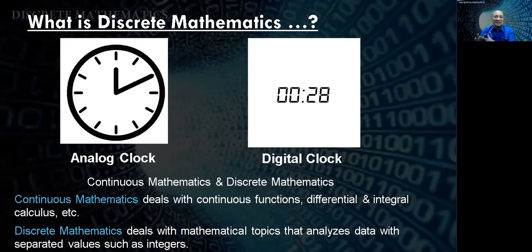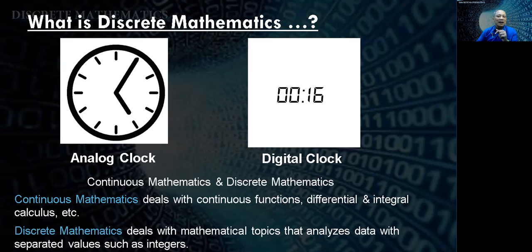This is such as integers, like 1 to 2, so very definite. You can see here in the analog clock that the longer and shorter arms can just move, but when they stop, they can stop anywhere between any integers. But when you look at a digital clock, they are just doing integer numbers.